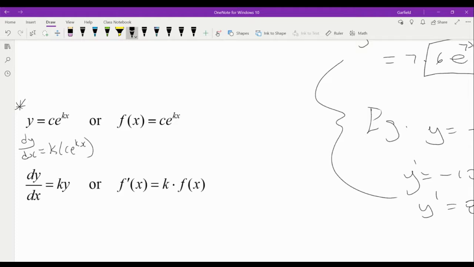Since we already know all this to be y, they rewrite the derivative as just k times y. It's just a way of writing it.